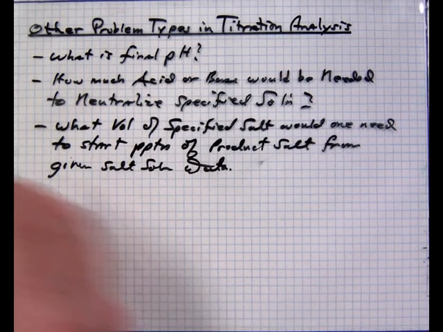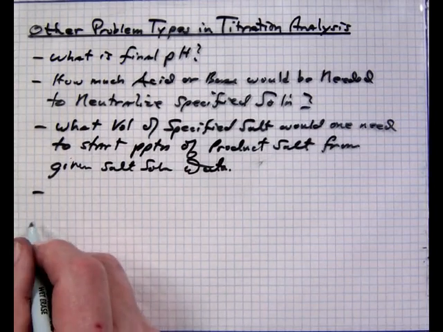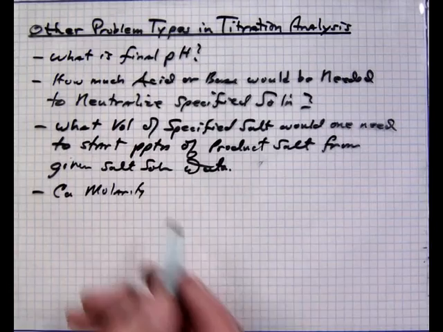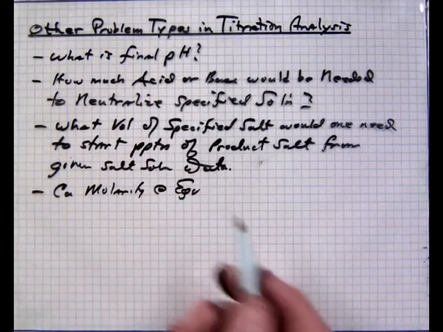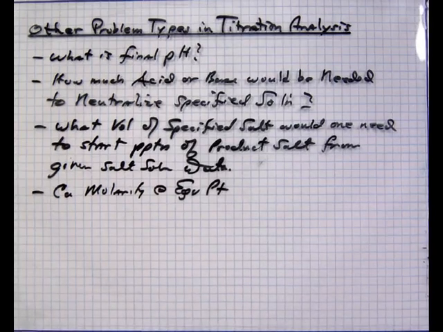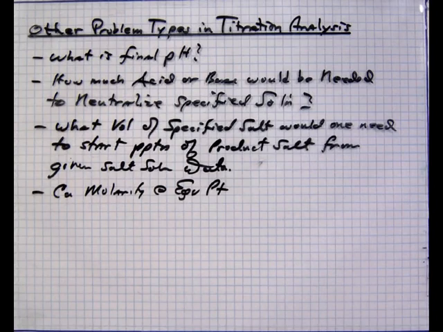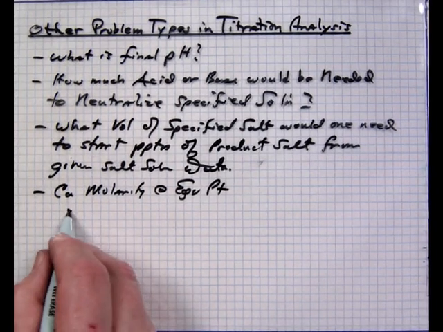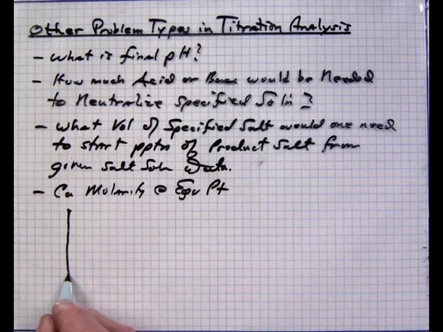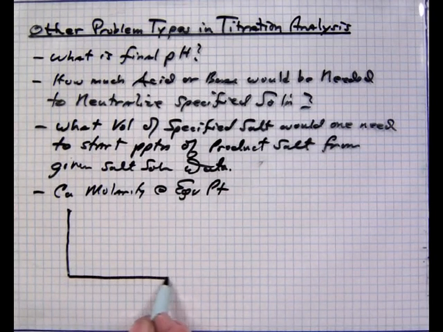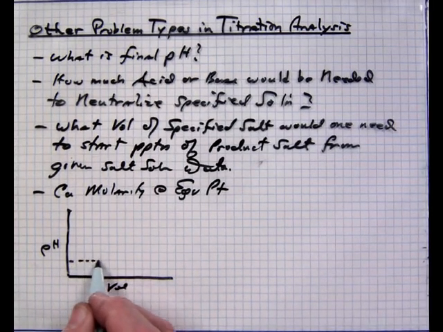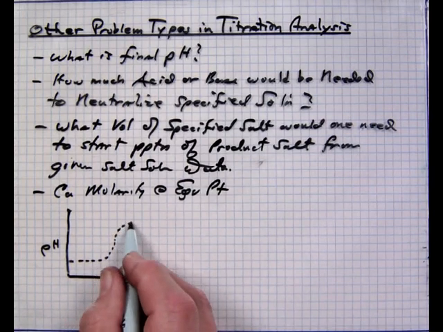Of course, don't forget calculate molarity at equivalence point, and the titration curve may show up as a base into an acid. If it's a base into an acid, your titration curve would follow this trend.